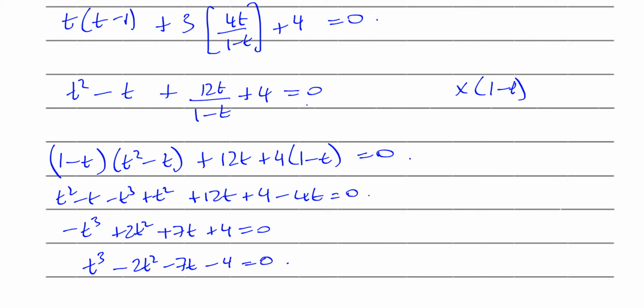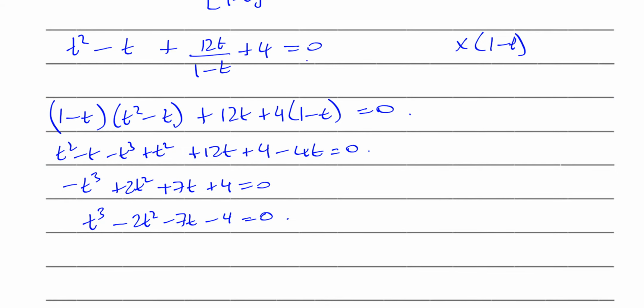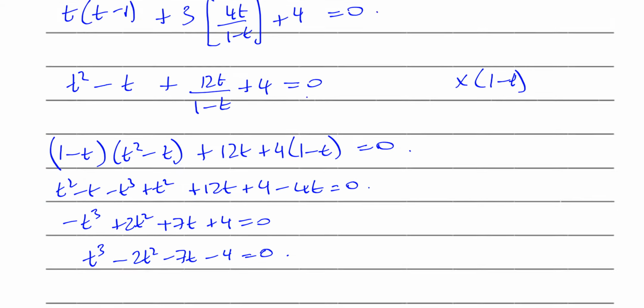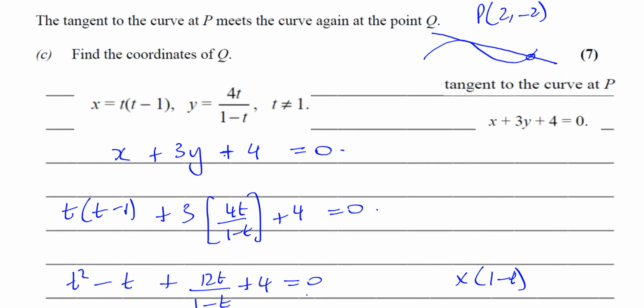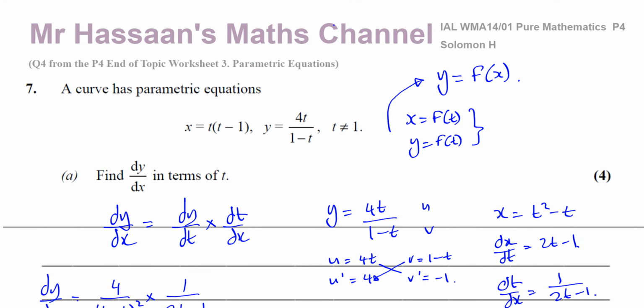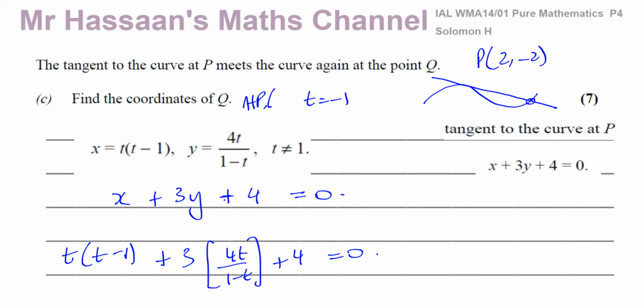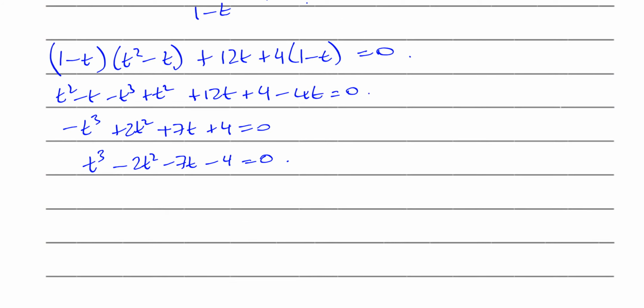So I have this cubic equation which I have to try to solve. Now what I know already is that at P, t equals minus 1. We know that already from what we learnt in this question. It says the point P has parameter t equals minus 1. So I know already that t plus 1 is a factor of this equation.